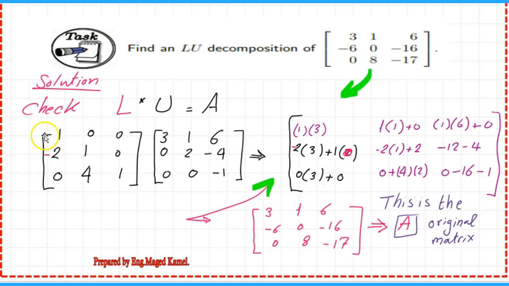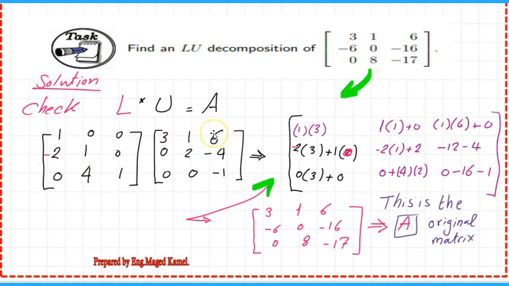You have the choice to use the normal way of multiplication. You multiply this by that, 1 by 3 plus 0. And multiply the row by the second column, 1 by 1 is 1. Multiply this by 6, we add here. Minus 2 by 3 is minus 6. Minus 2 by minus 1 plus 2 is 0.